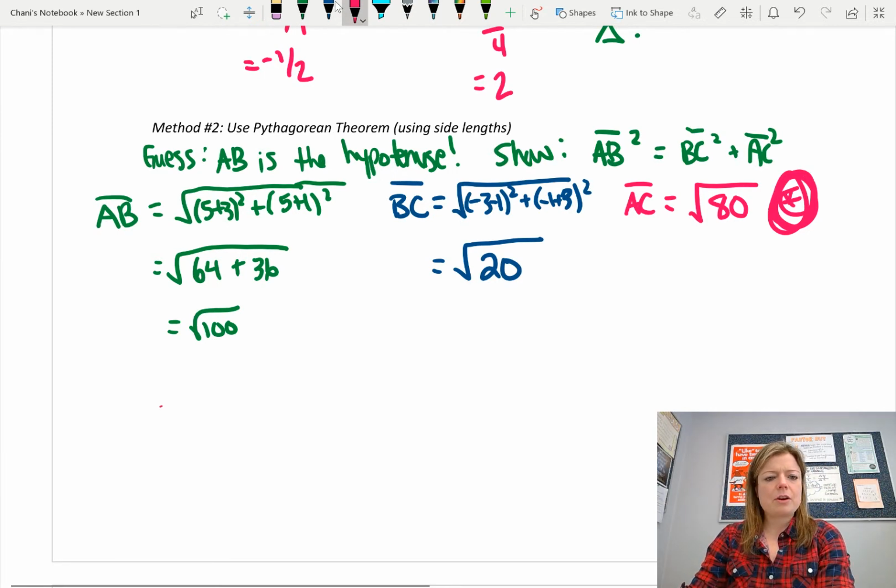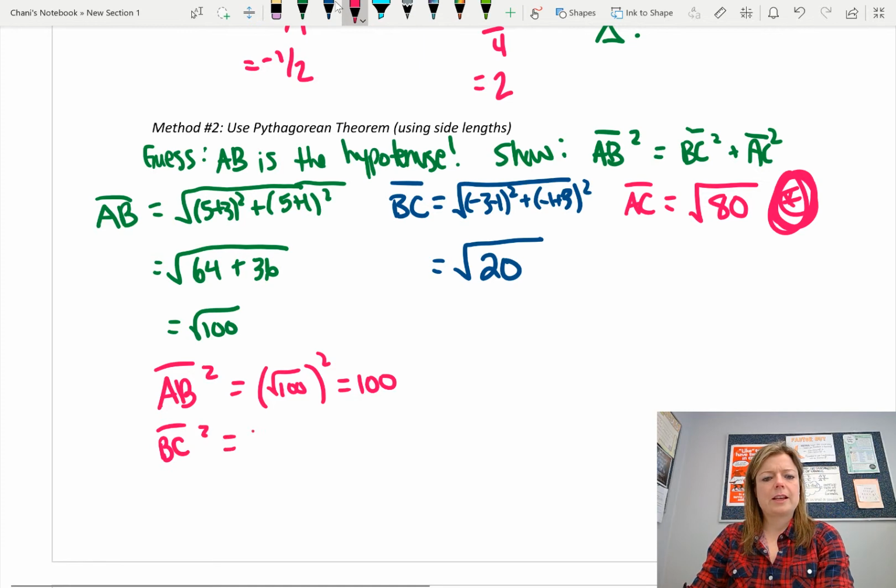Okay, so now notice that the length of AB squared is just the square root of 100 squared. So that's just 100. And notice the length of BC squared is just square root 20 squared. So the square root of 20 squared is just 20. And then the length of AC squared is just the root of 80 squared. So that's 80.